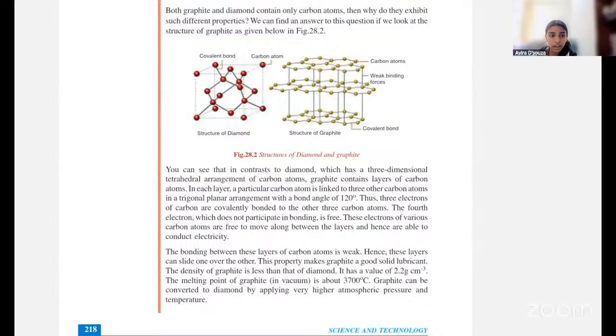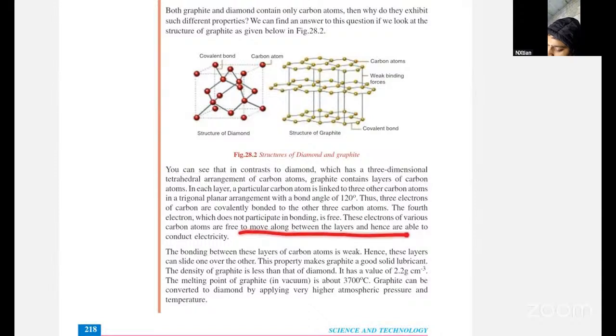Thus, three electrons of carbon are covalently bonded to the other three carbon atoms. The fourth electron, which does not participate in bonding, is free. These electrons of various carbon atoms are free to move between the layers and hence are able to conduct electricity. So, as I told you, only three carbons are bonded and one is free.